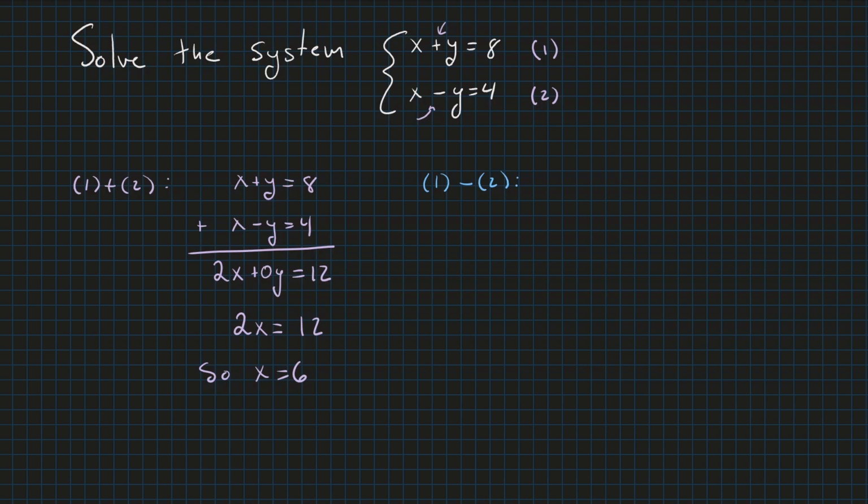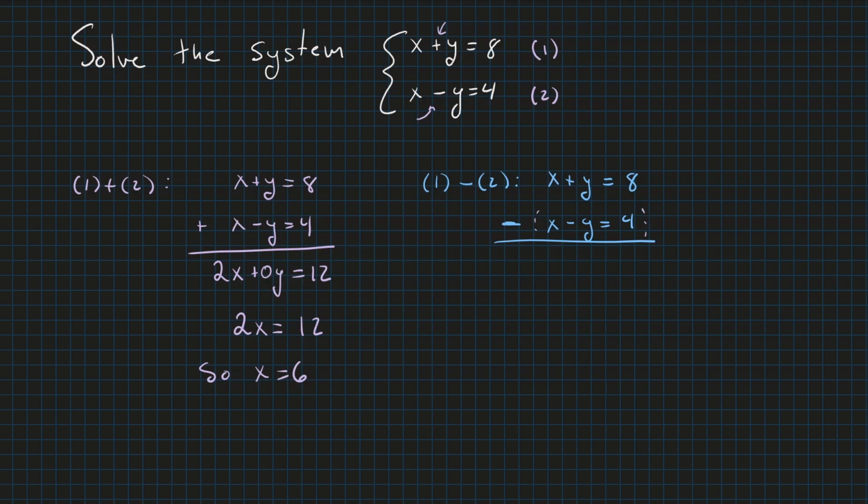So in this case here, we get an x plus y is equal to 8, and then you're subtracting an x minus y is equal to 4. Sometimes I put a parenthesis here to indicate that we are in fact subtracting, and so that you can keep track of all your signs.